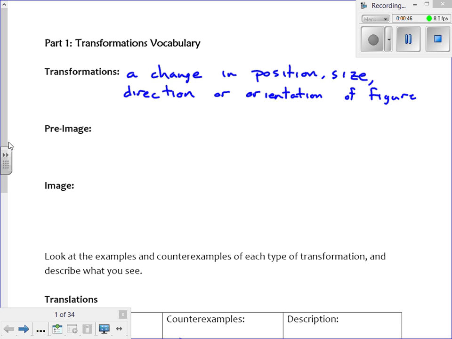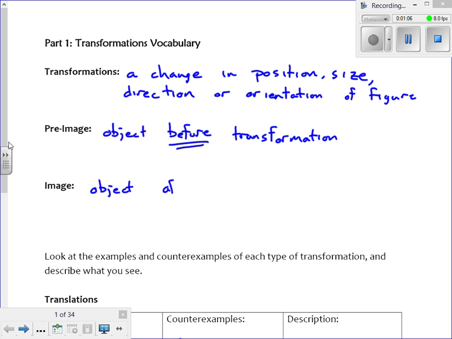A big term for us here is preimage, and this is an object that is before a transformation. So we have a triangle sitting there, we would call that the preimage. And then if we've done something to it, then the second object, once it's taken care of, would be the image, and that's after the transformation.